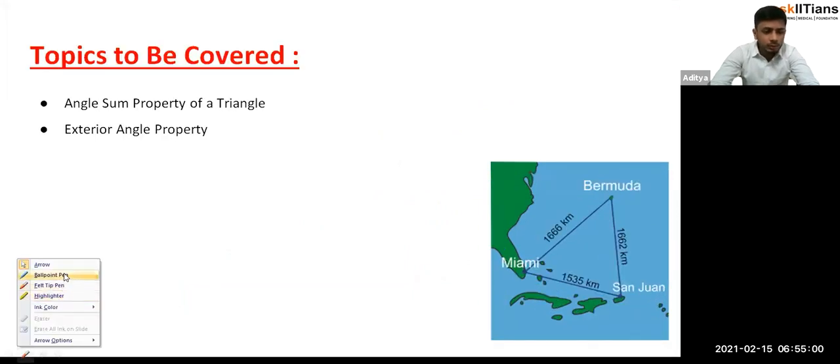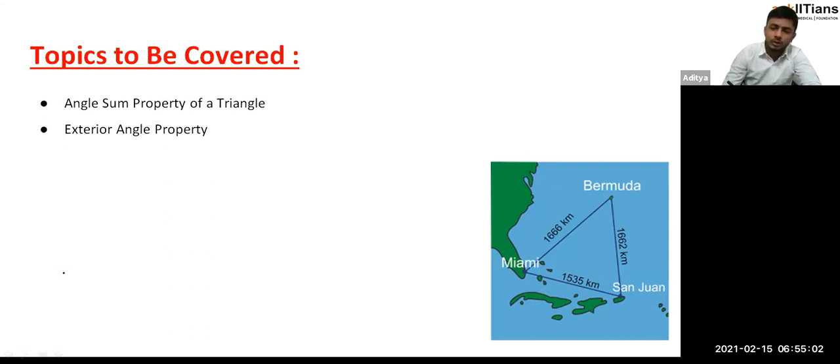Now, you might notice what kind of figure is drawn here. Of course, this is a triangle. This is the famous Bermuda Triangle, by the way. This is a specific triangular region on the earth, which is a mystery even today.